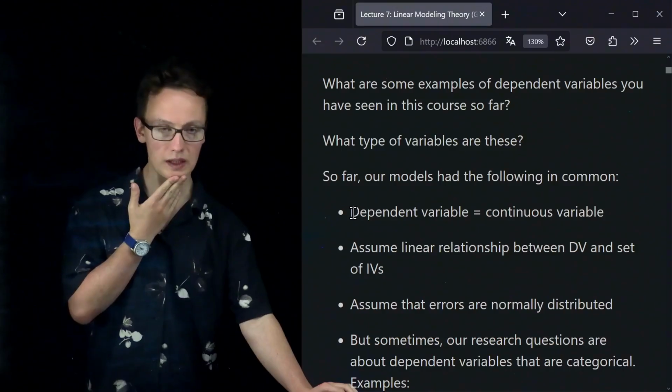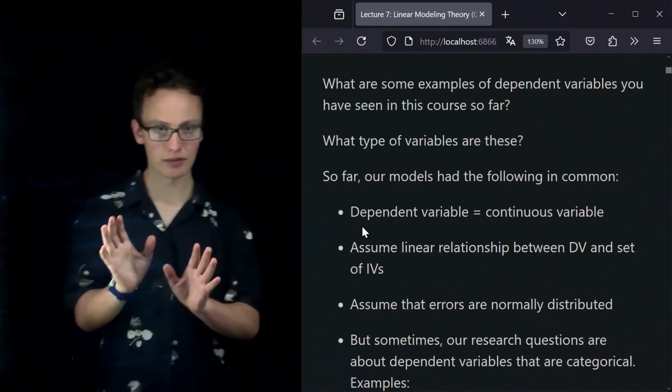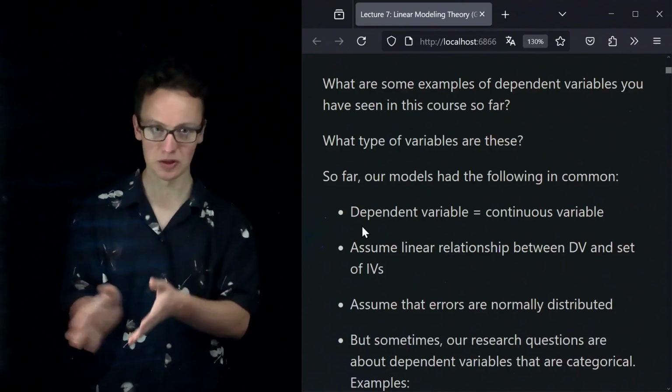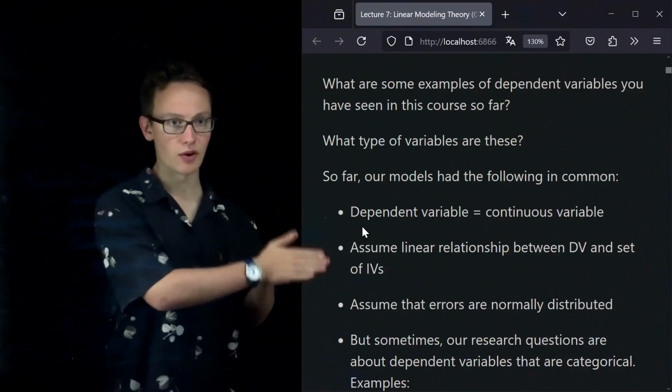The main one being that the dependent variable, not the predictor necessarily, but the dependent variable, reading times or psychological symptoms, was always a continuous variable.